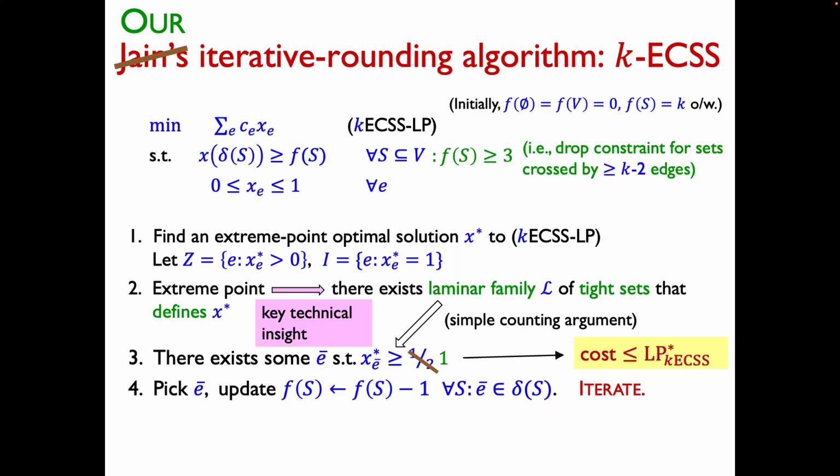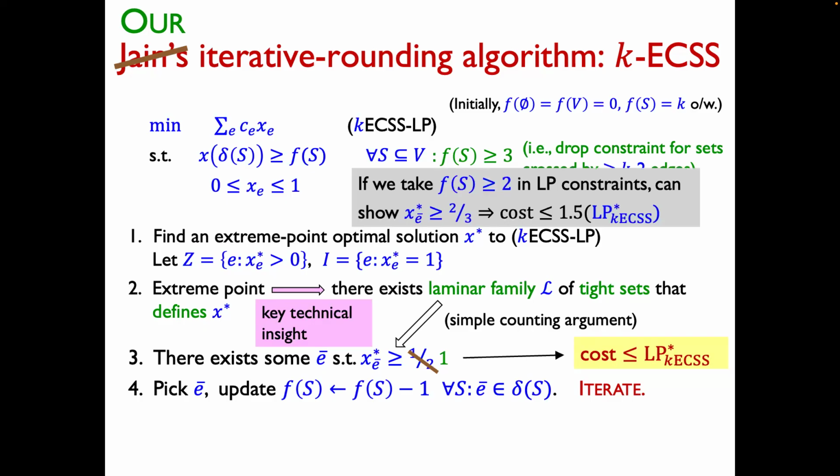So okay, good, yeah. This one will still be true if I put f of s at least 2. Actually, let me say that. If we put f of s at least 2, all we can claim is that this is at least 2/3, and that's why you get the 1.5.